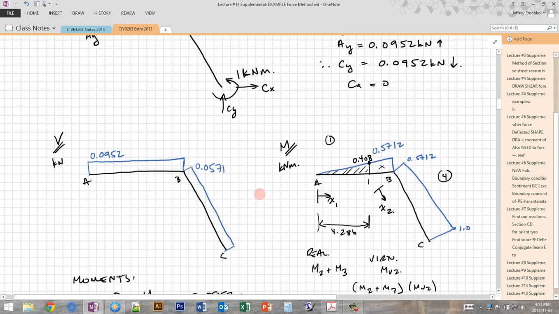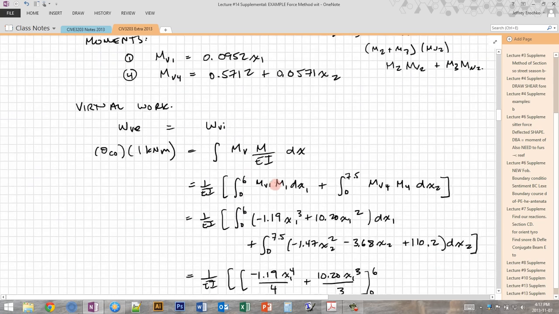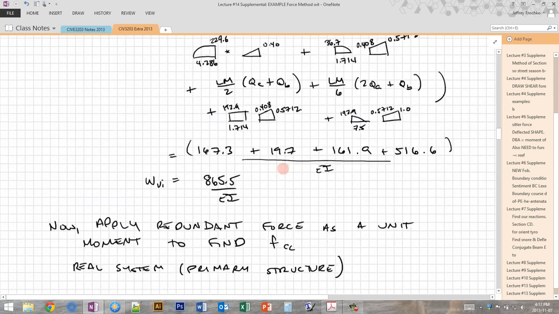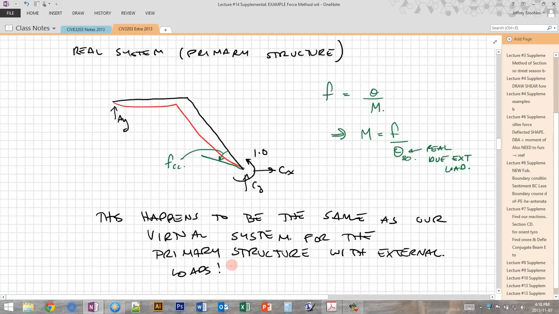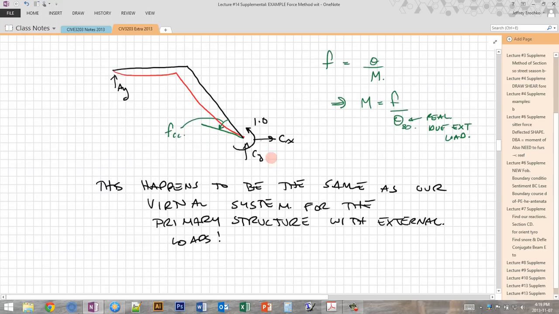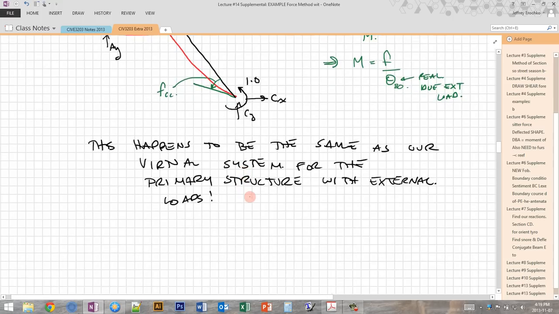And this is always the case because our redundant is in the same location and direction as the rotation that we're trying to find. So this system happens to be the exact same as the virtual system for the previous primary structure when we applied the external loads. And the good thing about that is it saves us a lot of work because we've already found the moment diagram for this exact system with a unit moment at point C.